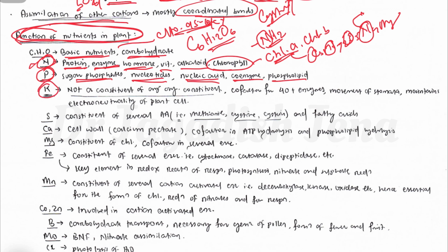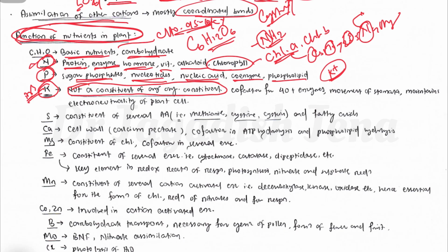Followed by potassium. Potassium is one important from the exam point of view. It is not a constituent of any organic matter in the body, any biomolecule. It is not a core component in any particular organic matter. It is present in free form or K+ form. That's why if there is potassium toxicity, mostly no toxicity symptoms are seen.